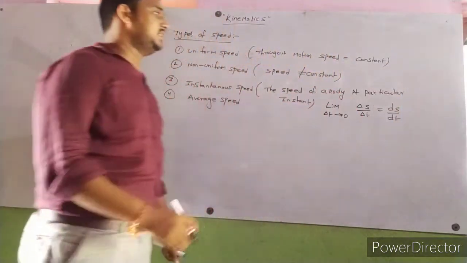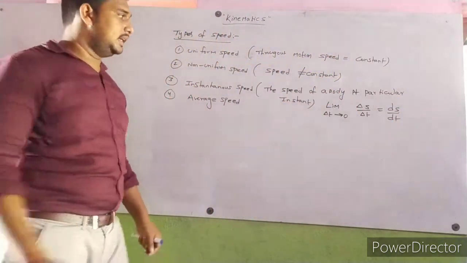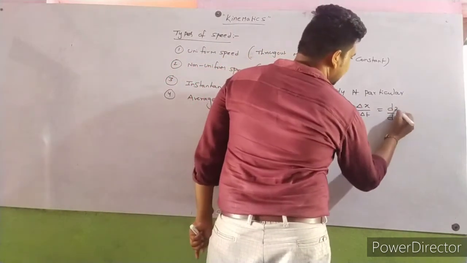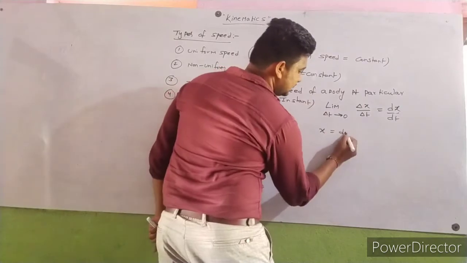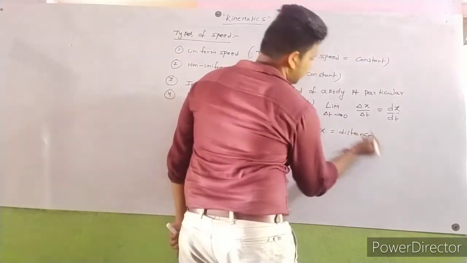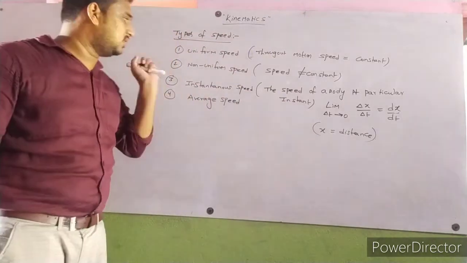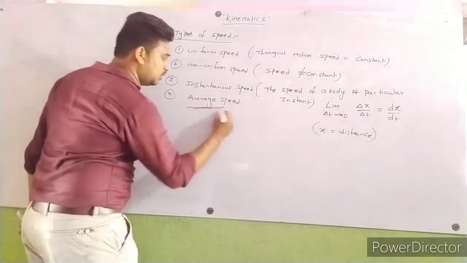This is nothing but instantaneous speed, dx by dt. For example, I consider x as distance. So this is instantaneous speed: the speed of a body at a particular instant. This is very important.